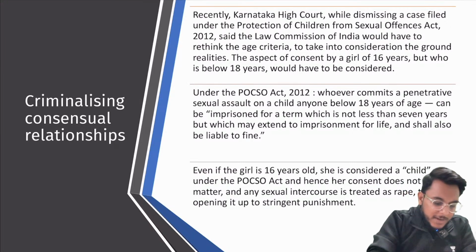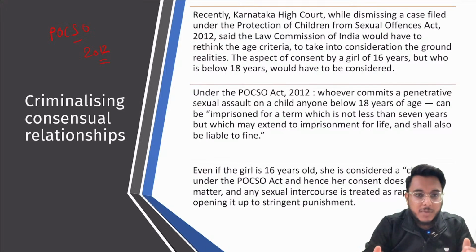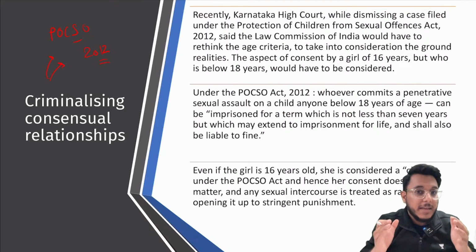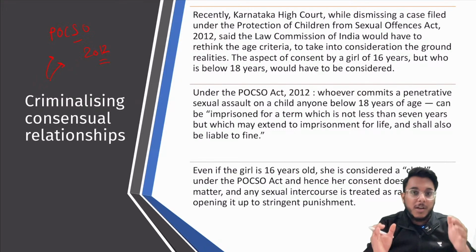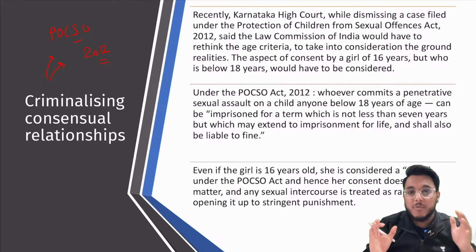First of all, we need to understand about the POCSO Act. POCSO 2012. POCSO stands for Protection of Children from Sexual Offences Act 2012. When we talk about children, they are specifically more vulnerable to sexual assault, physical assault. So therefore, special needs for children's safety were there.